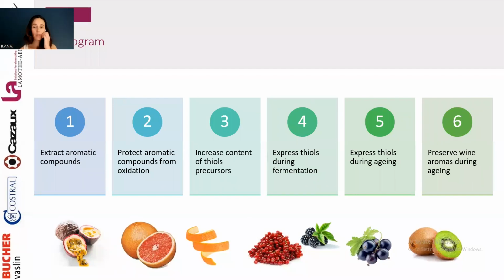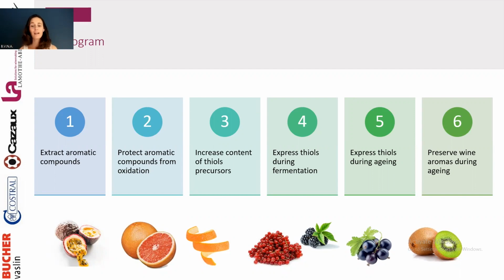We will see how we can increase the content of these thiolic precursors and really boost the production of these aromas during fermentation. We will also see how we can express the aromatic thiols, because so far we were talking about precursors.